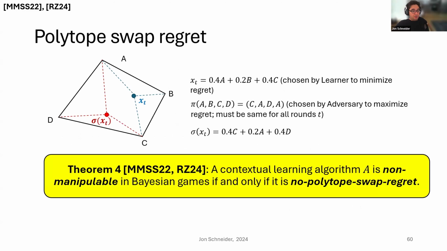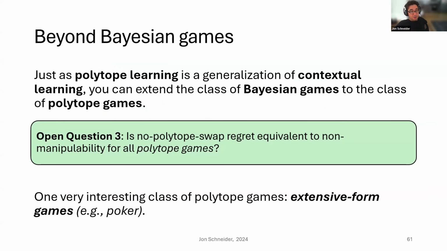So it's now known that for Bayesian games, this is the correct notion of swap regret, in the sense that a learning algorithm is non-manipulable if and only if it has low polytope swap regret. But you can ask this question for even more general classes of games, specifically for a class of games we call polytope games.